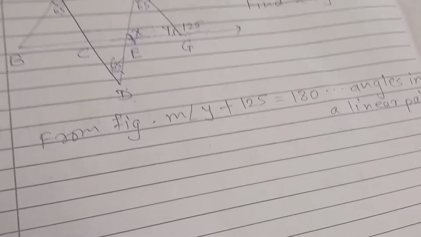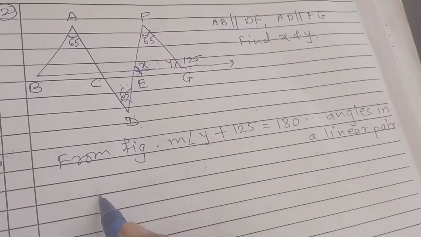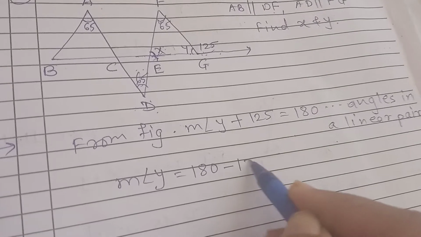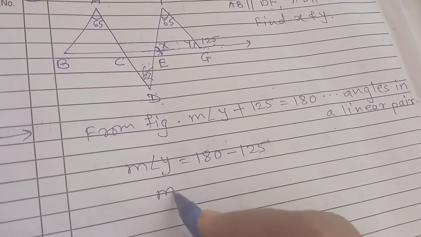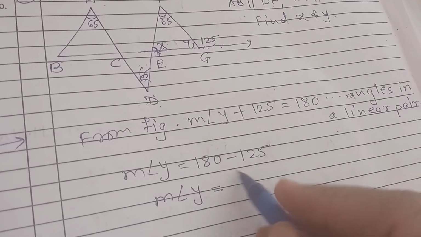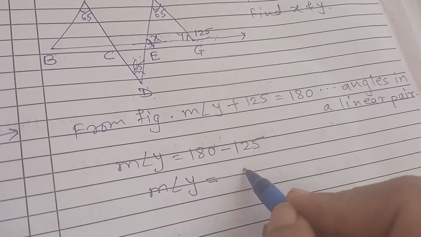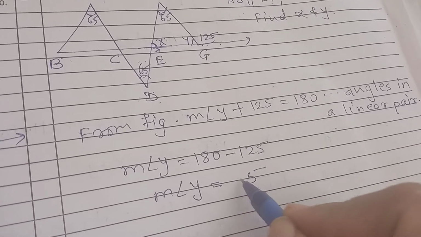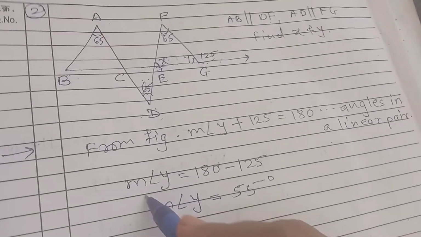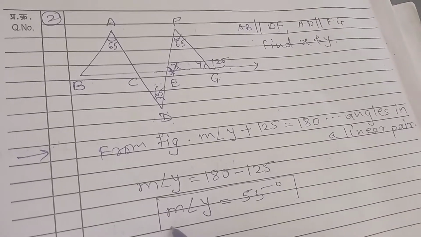Then measure of angle y is equal to 180 minus 125, which is 55. Measure of angle y is equal to 55 degrees.